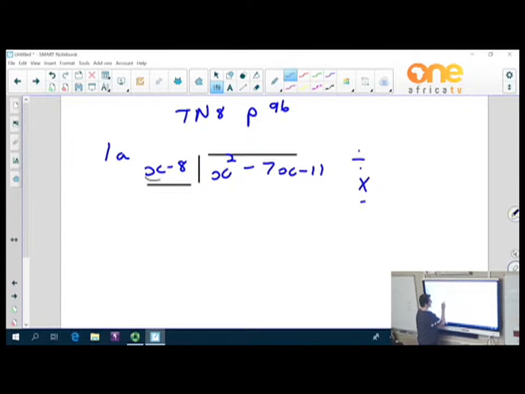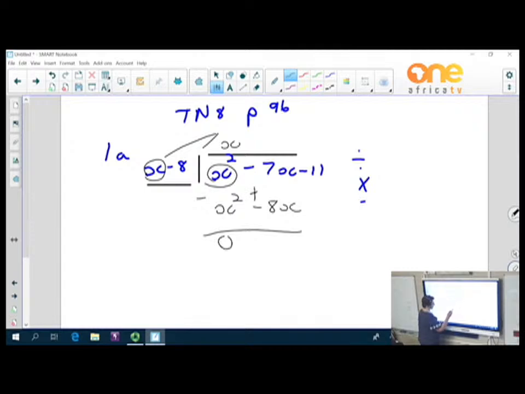So x will divide into this first one x times. Multiply both there: x squared minus 8x. I subtract, so I change the second signs, and this is then 1x, negative 7 plus 8 is 1x. Bring down that one, negative 11.